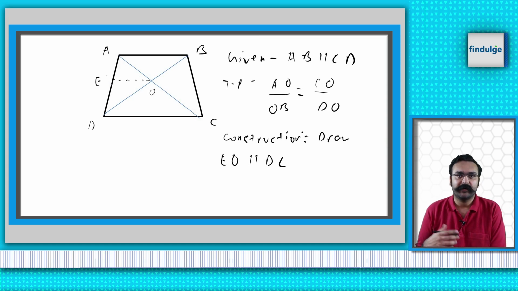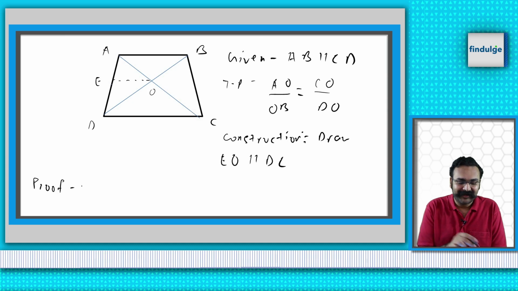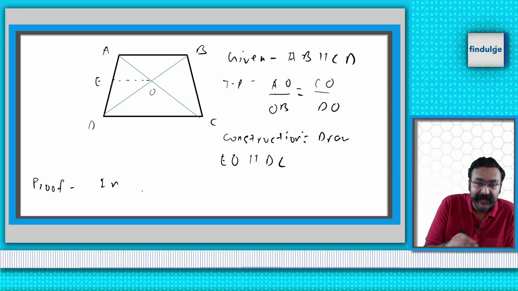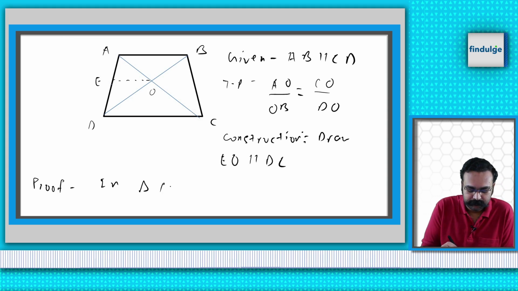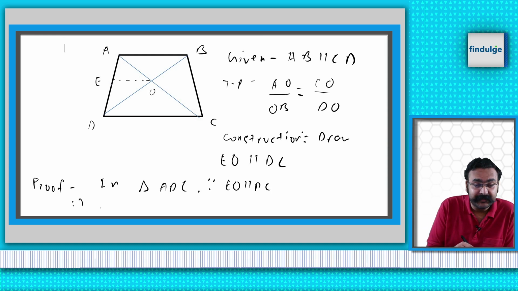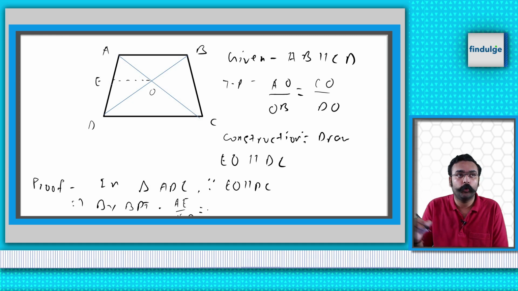And the reason for this will become very clear. Now, because I have taken EO parallel to DC, that means in triangle ADC, since EO is parallel to DC, this means by BPT, once again, we have AE upon ED is equal to AO upon OC.